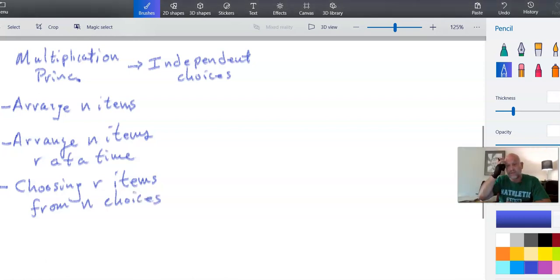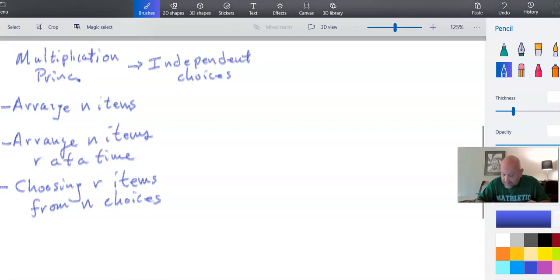So let's say you have the 30 students in a class, you're choosing 5 of them to do something, and it doesn't matter what order you choose them in. If you have the same 5 students, it's the same 5 students. The lottery works like this, right? It doesn't matter what order the numbers come up in. It's just a matter of whether you have those 5 numbers or however many numbers are in the lottery. So those are the things that we're going to be talking about today.